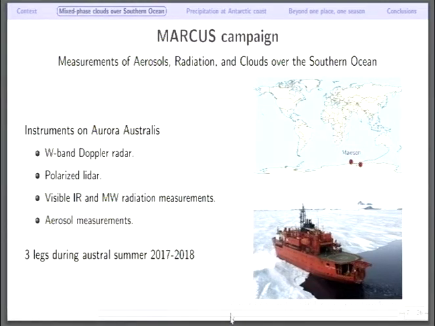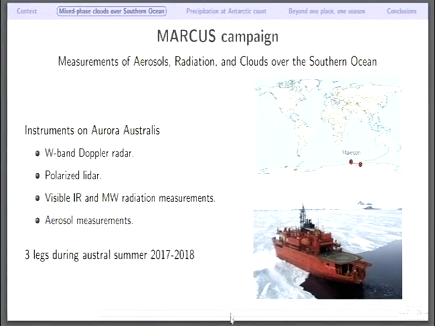During this MARCUS campaign, there were a number of instruments, among which, of interest for us now, a W-band Doppler radar, so a cloud radar, able to see the cloud particles in all the tropospheric column, a LiDAR that will be used to see supercooled liquid water, a microwave radiometer to have an integrated view, and finally aerosol measurements. This took place during the season 17-18.